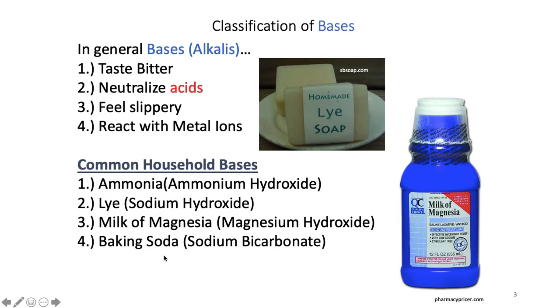You can have baking powder, although baking powder contains both an acid and a base in the same powder. Generally, this is the reaction: an acid and a base react together and produce CO2 gas, which makes your baked goods rise. So that's the general classification of acids and bases.